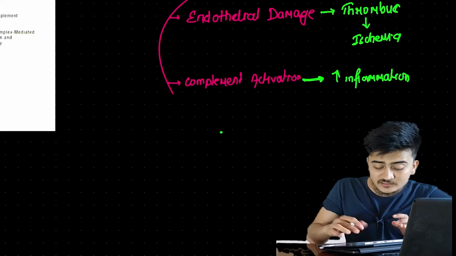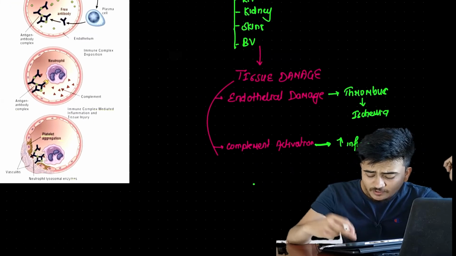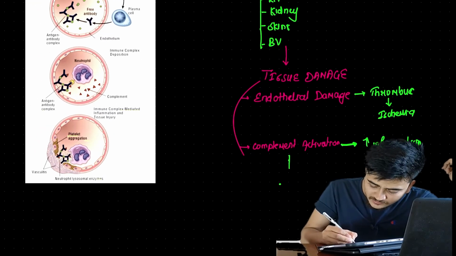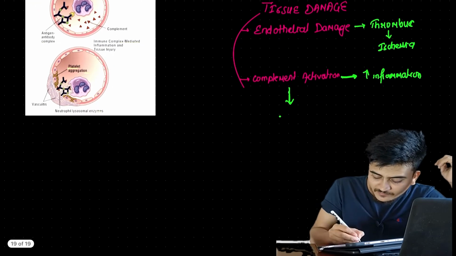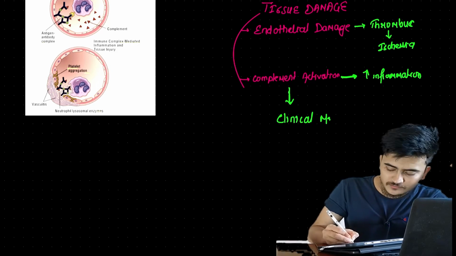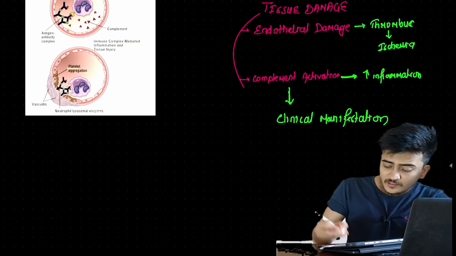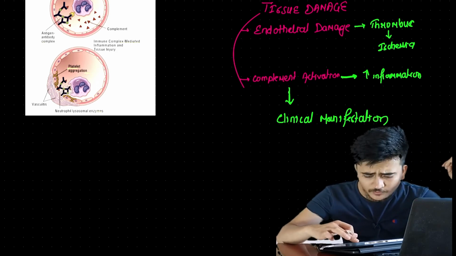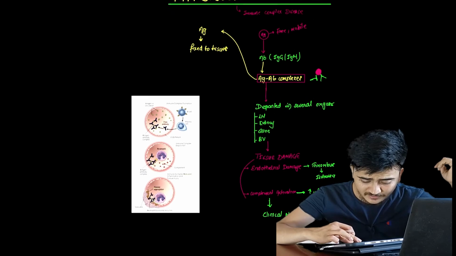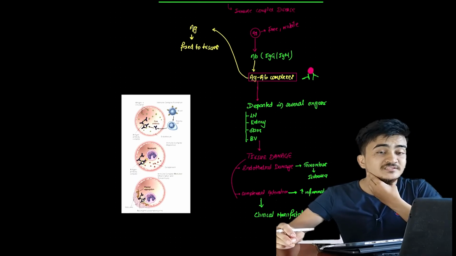This is how the tissue damage takes place. Now we can say that these all are part of the clinical manifestation. We'll talk about that later, but this is what the pathogenicity of type 3 hypersensitivity looks like.